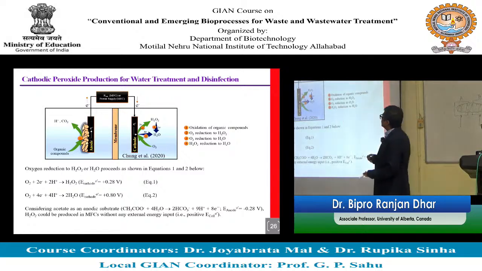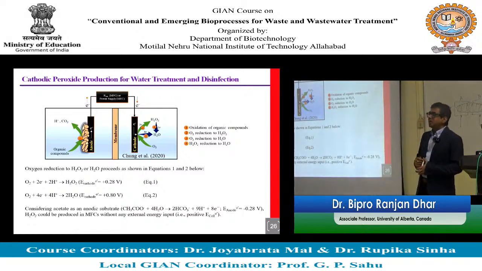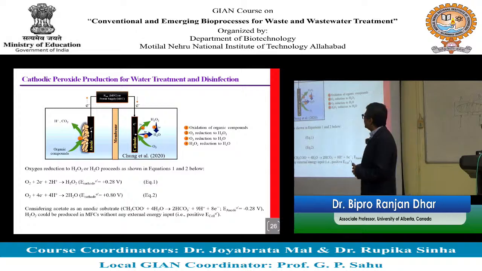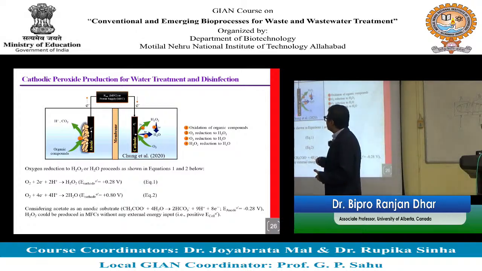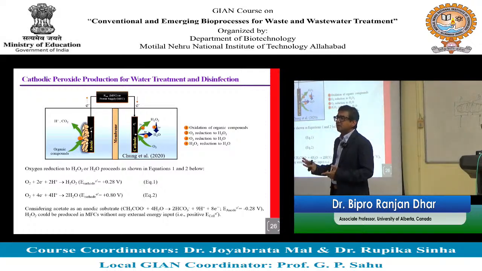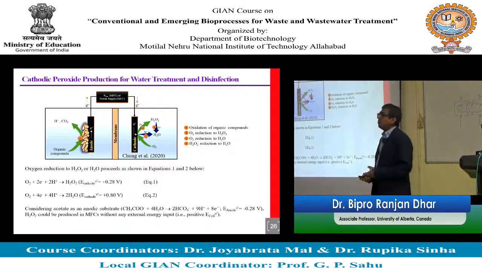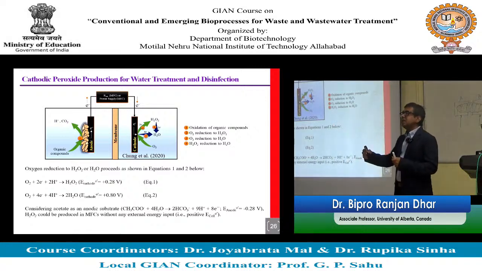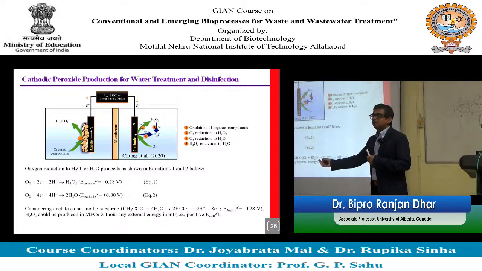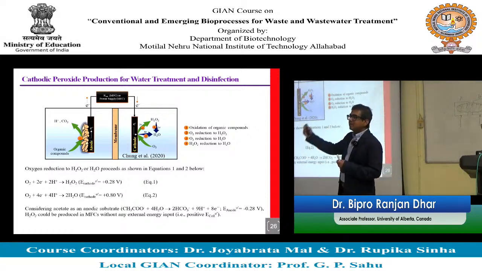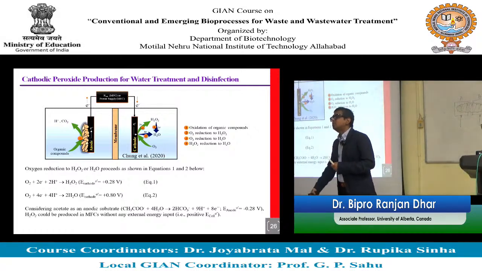But with this topic there are a lot of challenges. Why is it challenging? Because the proof of concept is already done. There have been a lot of papers on this topic, but the major challenge is that initially you are going to see a lot of peroxide production, but over time the peroxide is going to be decomposed to water again.